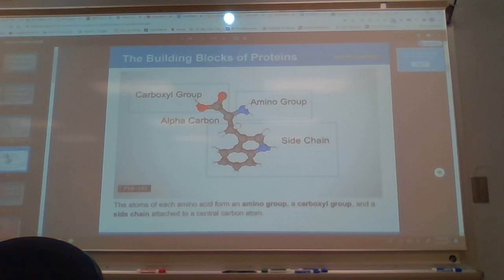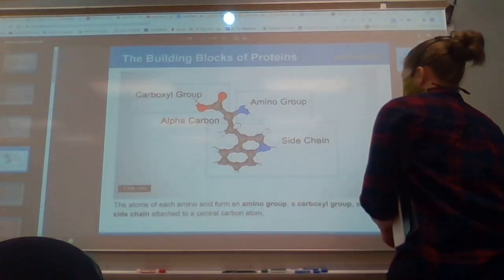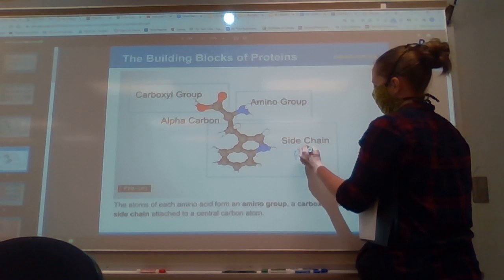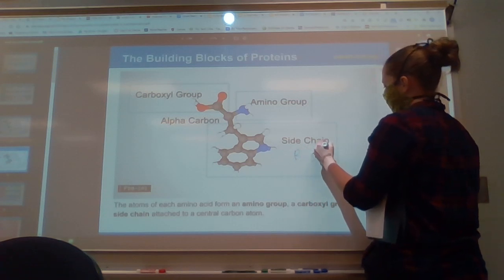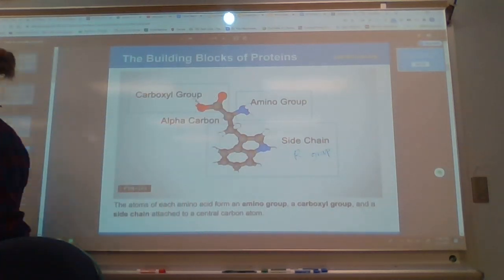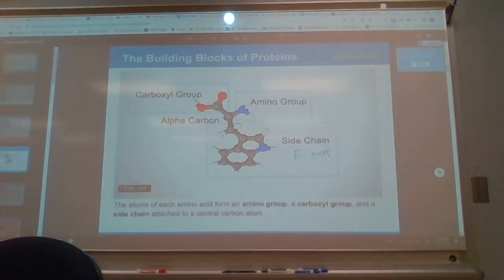So what the question says, what part of an amino acid is different from each other? It's this side chain. A lot of sources will also call this the R group. That's one of the questions in the Canvas quiz later too, the side chain or the R group.